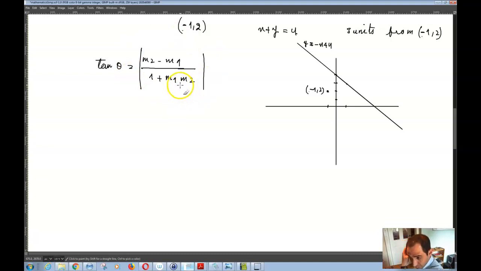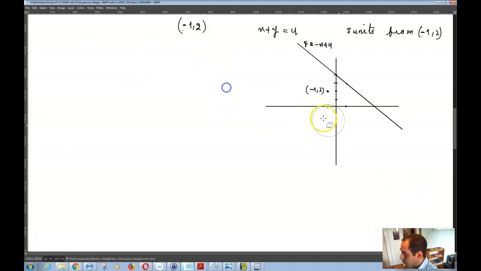If I give it the slope of this line and the angle that I want between the two lines, it gives me the slope of the other line. That's not going to help me right now, at least not directly.